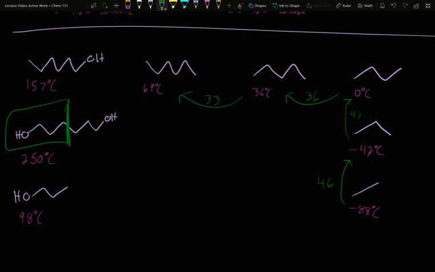Now, OH still has a lot of effect, as we saw here for our hexanol and hexanediol, but it's not as great as it was for propane to propanol. And so all of these increases, more carbons or more polar groups, do increase your boiling point. But the larger your molecule gets, the more diminished the effect.